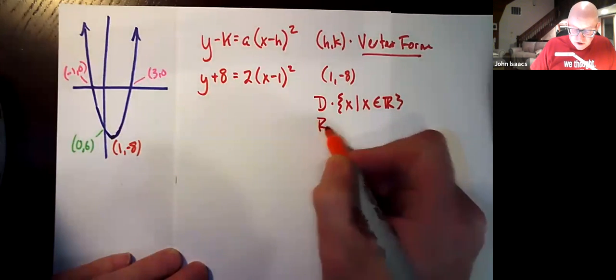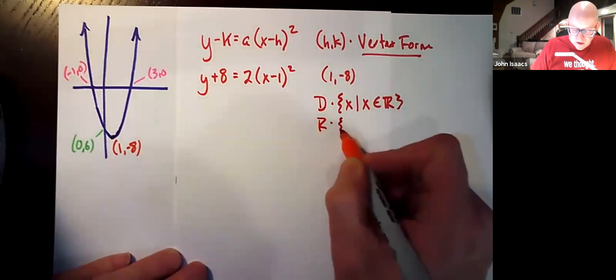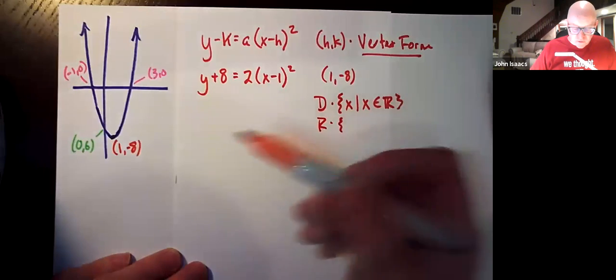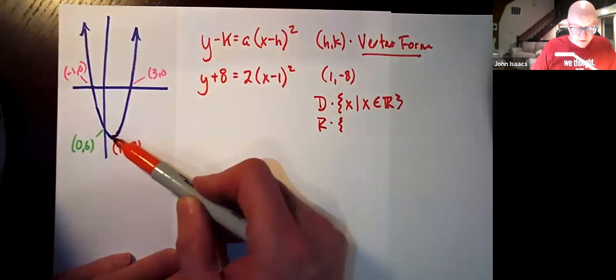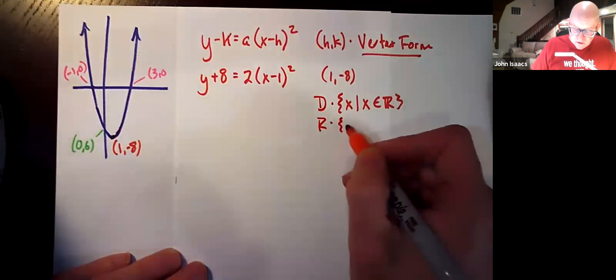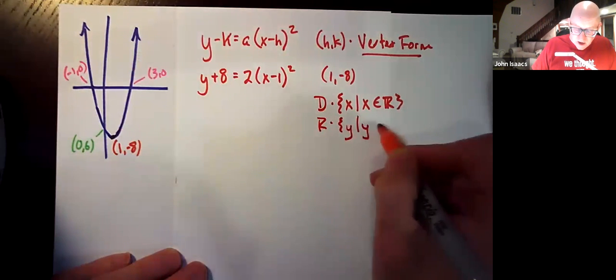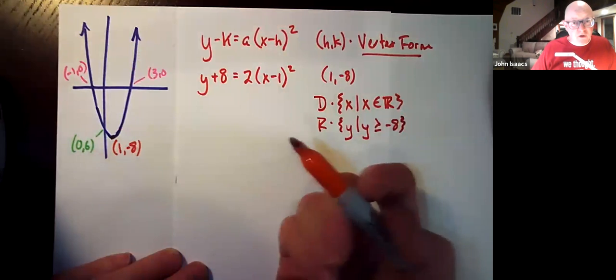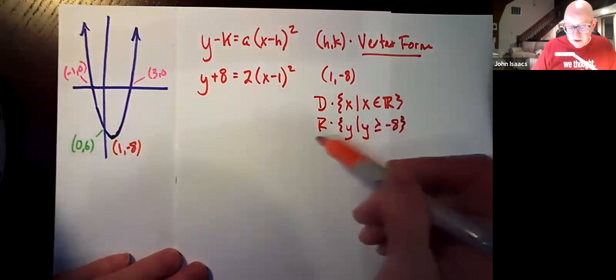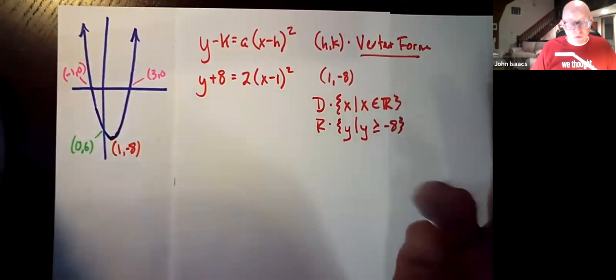And the range here, just like with the V's, is all the values that are greater than or equal to the y value of the vertex. So y values such that y is greater than or equal to -8. If the parabola was upside down, we'd still look at the vertex to find the range, just like what we did in the fall.